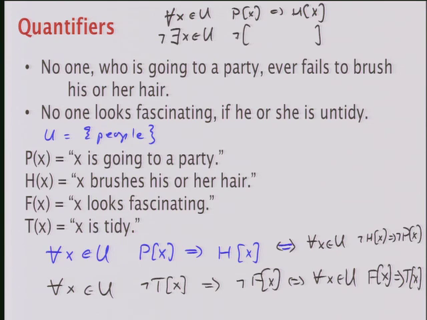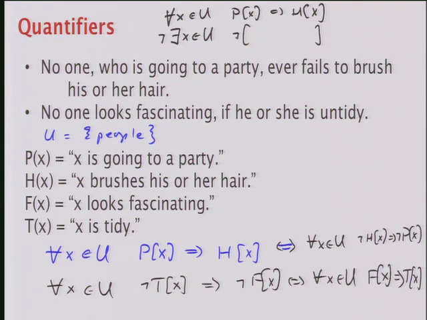These have the same meaning. If it's the case that for every x, p of x is true, then that's the same thing as saying there does not exist a counterexample. There does not exist x such that p of x is false.